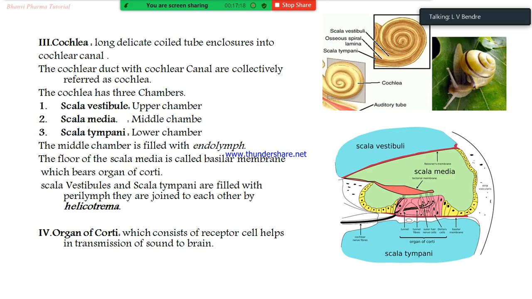Next, the fourth one is the organ of Corti. What is the organ of Corti? You see the diagram of the organ of Corti, which consists of receptor cells.